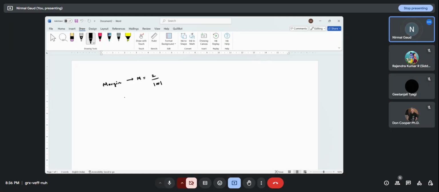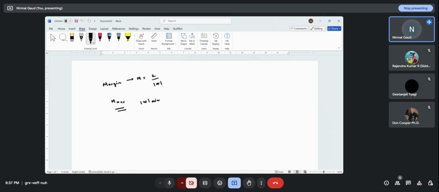We want this margin to be maximum, so it can only be maximum if w will be minimum because it is in the denominator.